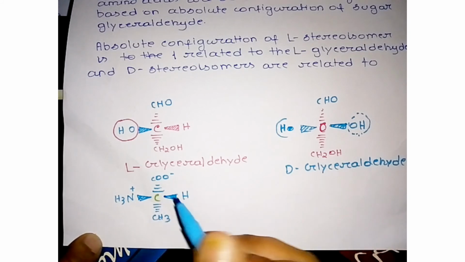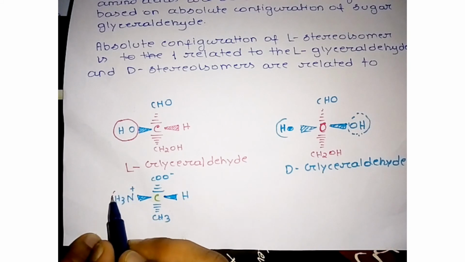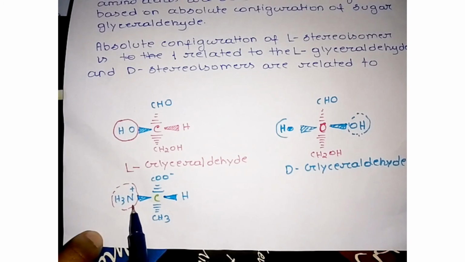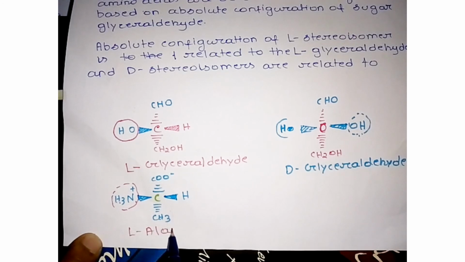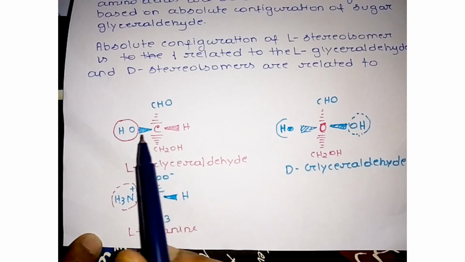As you can see, this amino group is present on the left side of this chiral carbon, which is also called the alpha carbon. So the NH3 group is present on the left side of the alpha carbon. That is why it is L-alanine.